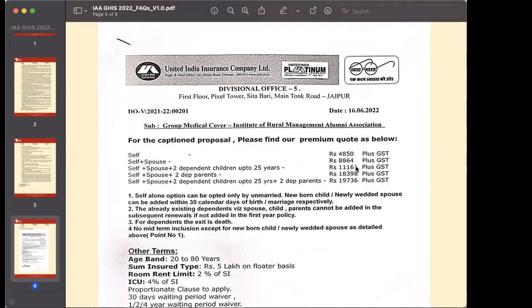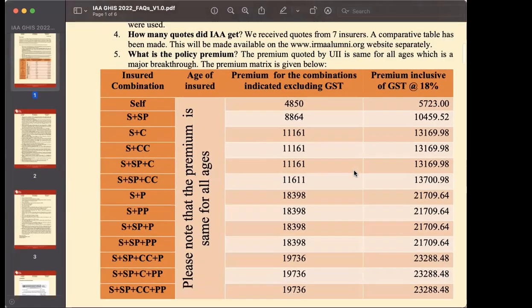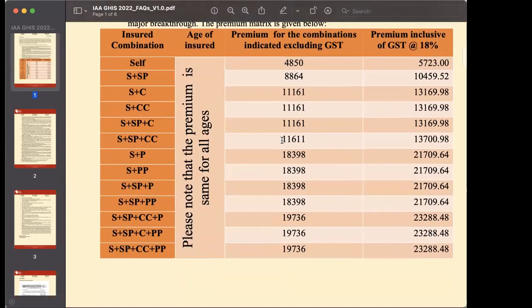In the FAQ sheet, it is 11,611 for self, spouse, and 2 children. I think this is a misprint, a typo error. It's going to be the same. It's 11,161. Fine, then I will continue.